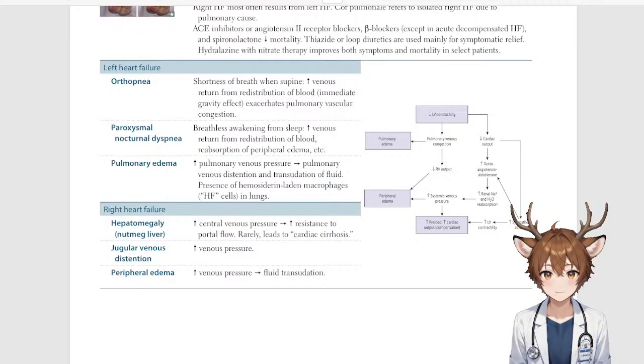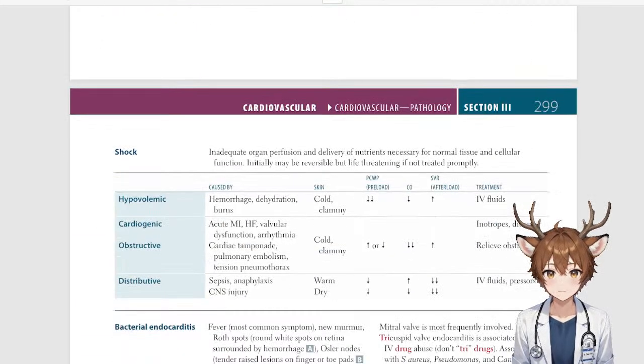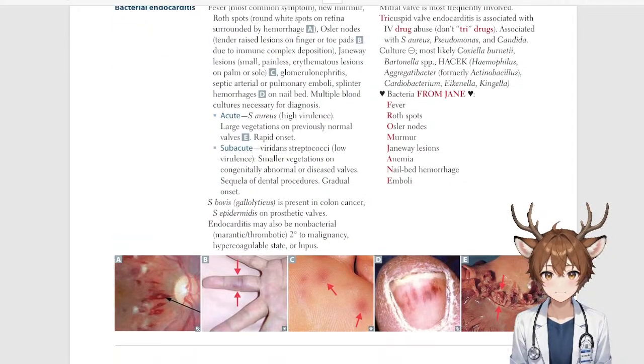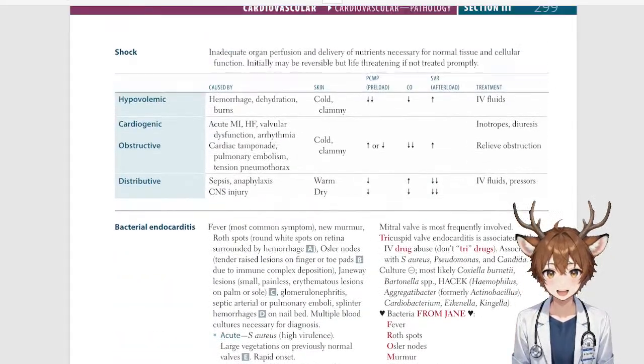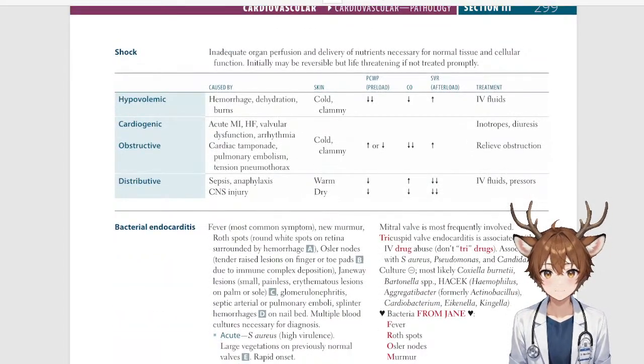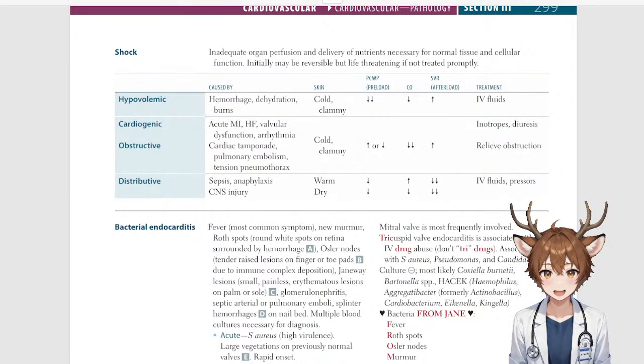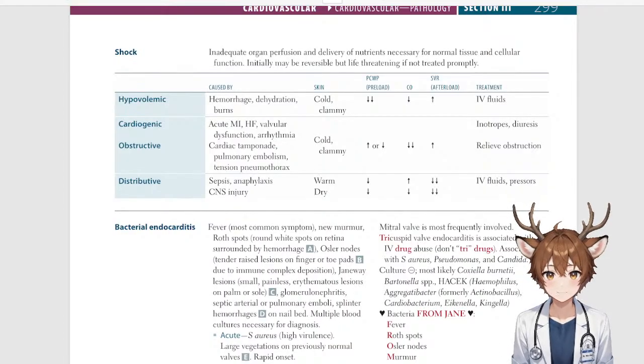So let's talk about high output heart failure. If they have it, they have shock. So I'll just read about high output heart failure first. High output heart failure, an uncommon form of heart failure characterized by an increase in cardiac output. Oh, that's weird.